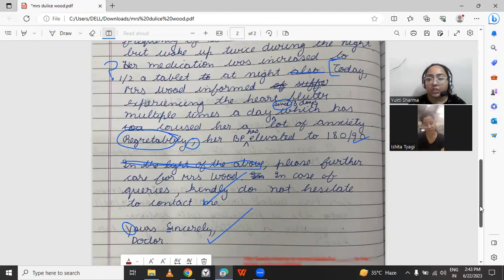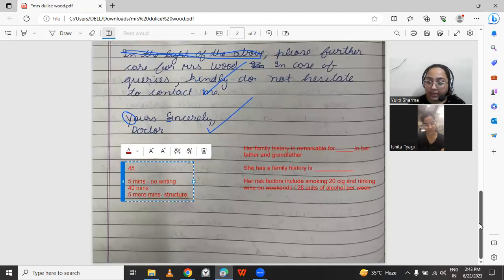In that case, it will save your time. You will not have to erase and rewrite, because that would be a lot of effort.